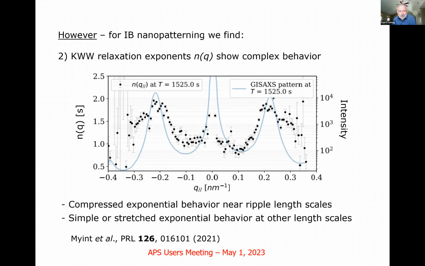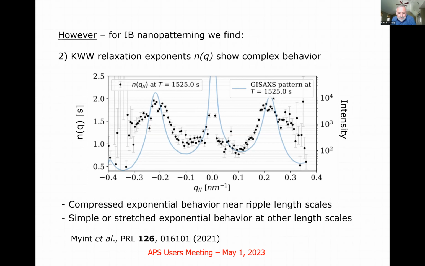And now we get to these exponents. What we see is that while a simple model of de Gennes narrowing in a liquid would say we'd have a simple exponential relaxation here, around the length scales associated with the ripple formation, what you have are exponents in the 1.5 to 2 range.